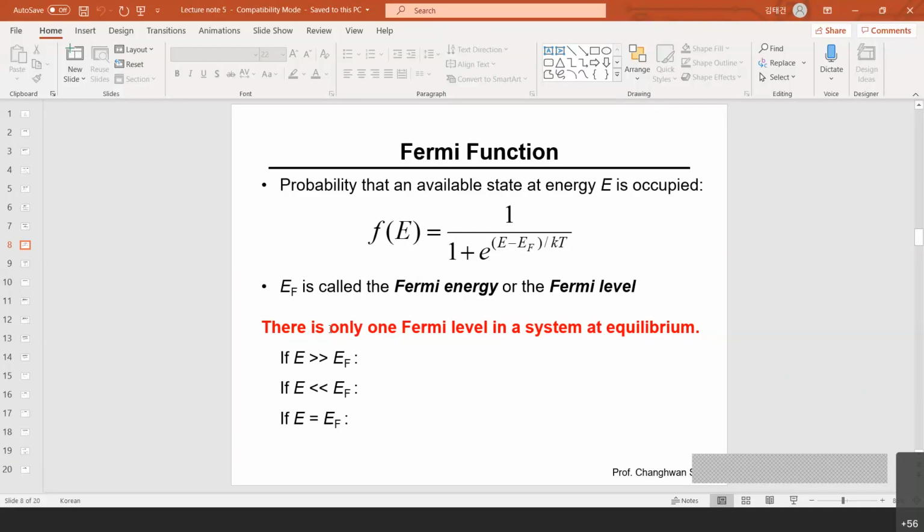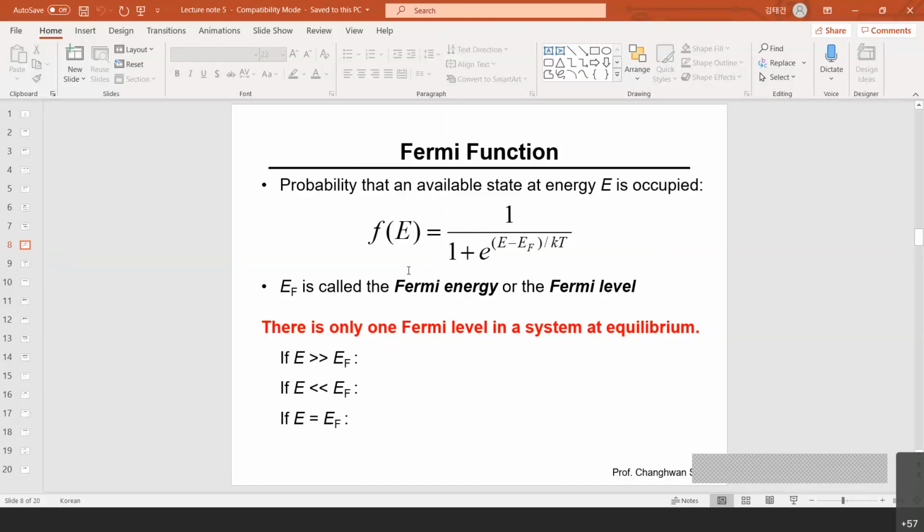Okay? So in that sense, the Fermi function gives us an idea of how likely an empty energy state is filled with an electron. So maybe intuitively, you may answer this question: what is the probability of finding an electron in the valence band? As you have learned, the valence band is almost, not all, almost filled with electrons, so the probability of finding an electron in any energy state available in the valence band is almost 1.